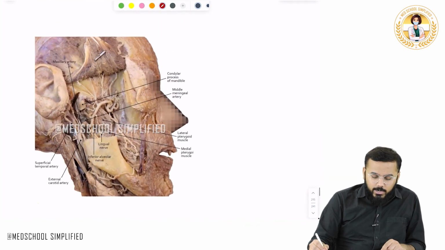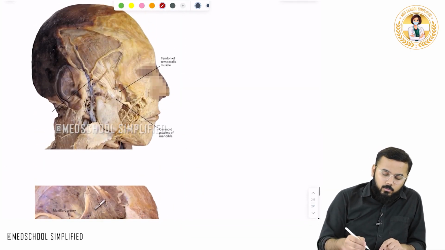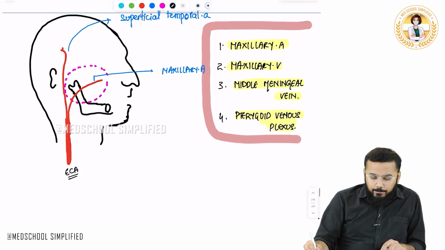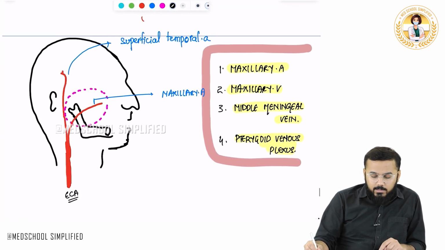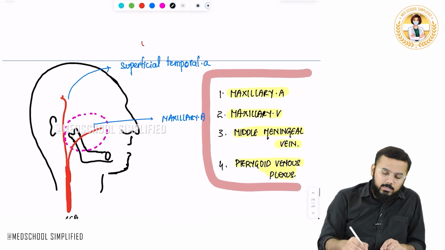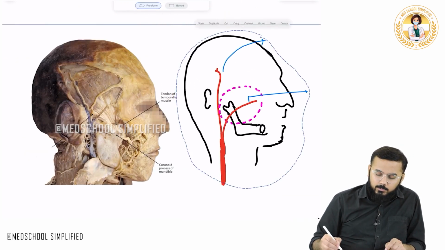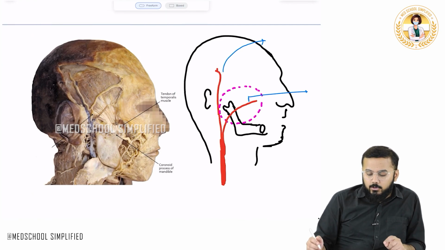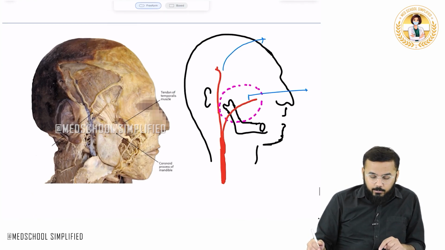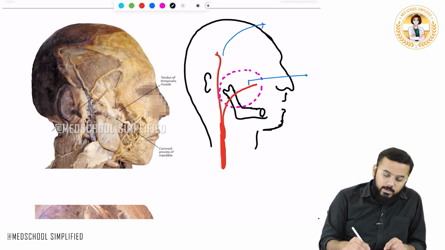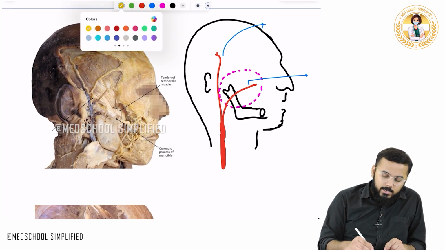Okay, let us look at these branches over here. Now exactly compare this picture, right? Compare this picture with this picture above, or else let me just copy paste that image over there. Right, now compare this picture with this. So where you can see the superficial temporal artery? Can I show it to you exactly here?